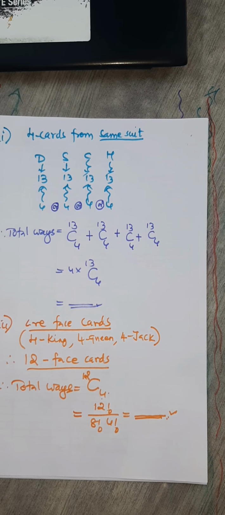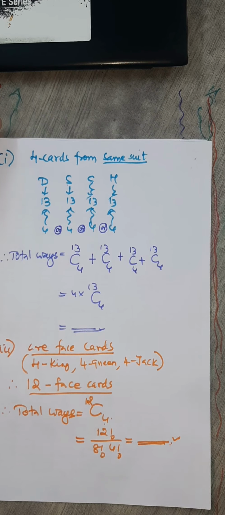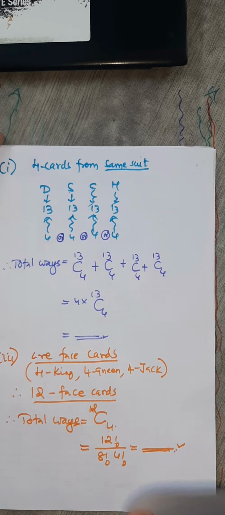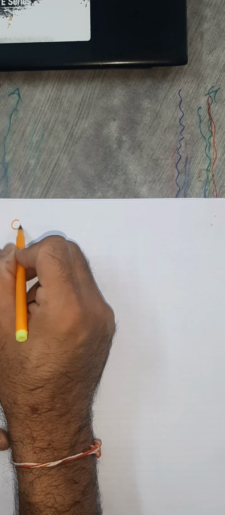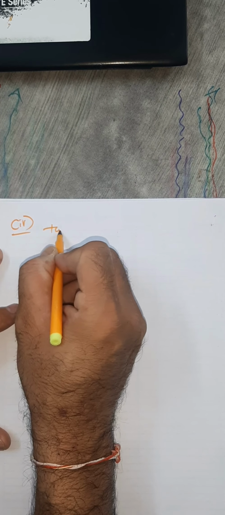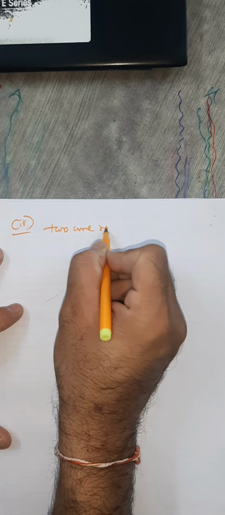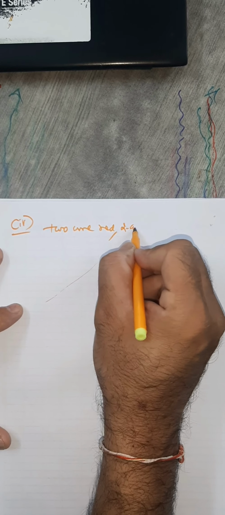2 are red and 2 are black. Now there are 26 cards of the red color and 26 cards of the black color. That we know. The fourth question: 2 are red and 2 are black, remember.